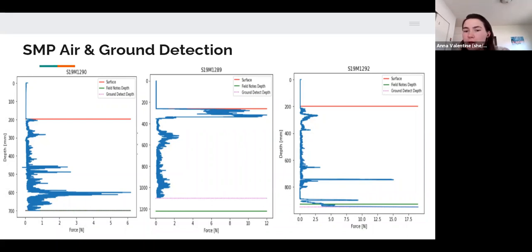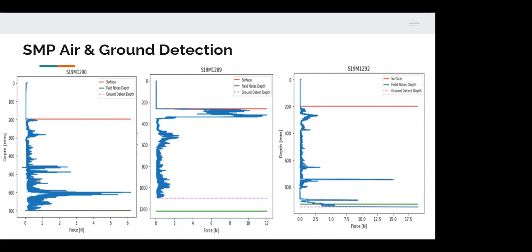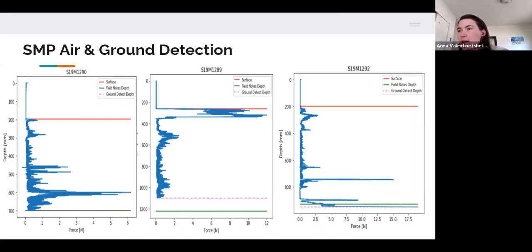But upon comparing that detection function to actual depths from field notes from the Grand Mesa data, we see that it's typically pretty good at finding the surface, that red line there, but the ground detection is a little more involved.